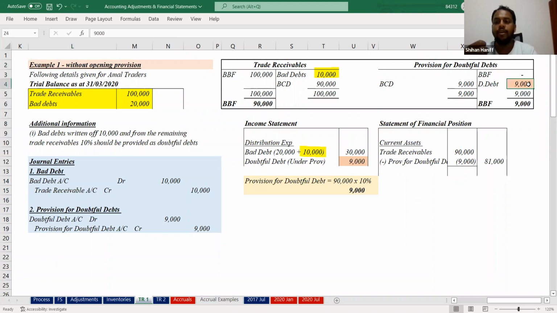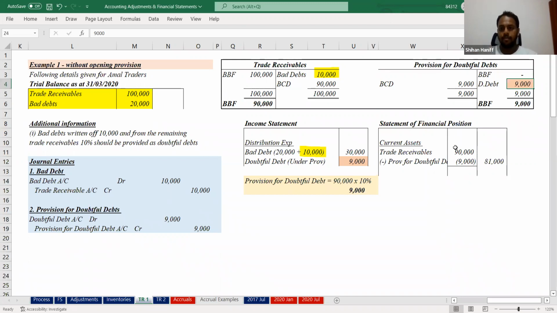If you have any doubtful debt amount for the year, it increases, so we call it under provision. Is it clear? You can copy this.